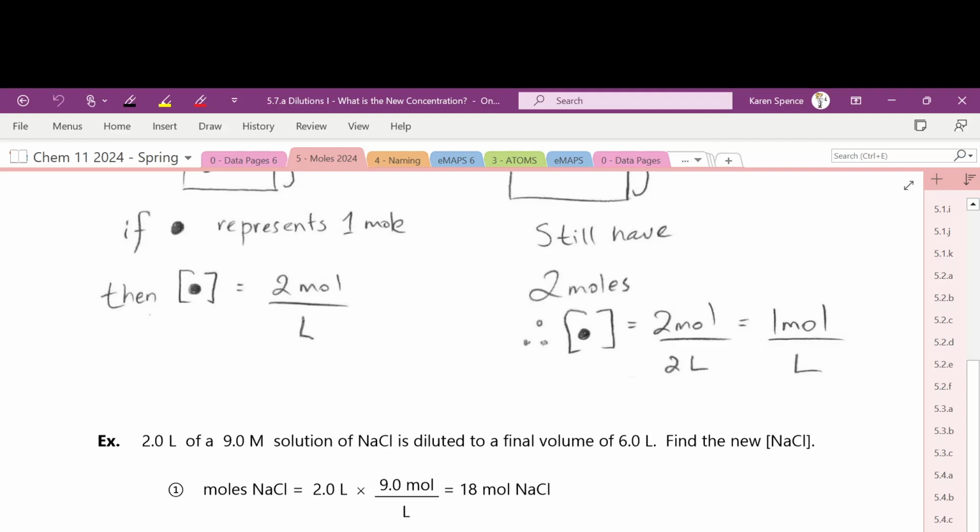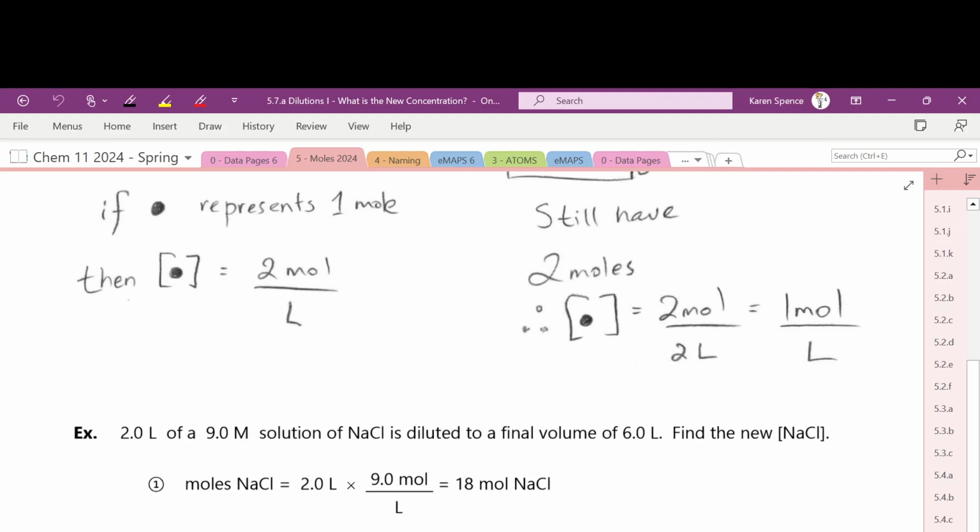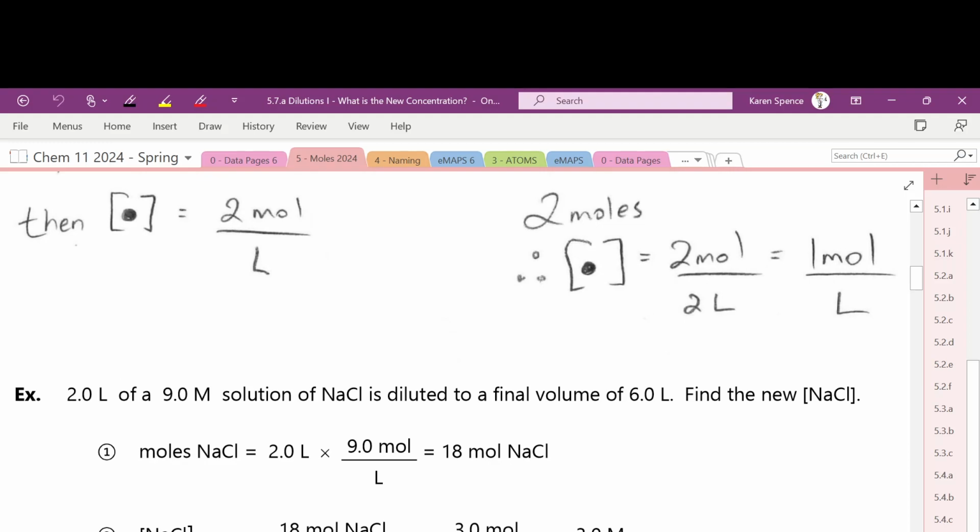So we have 2.0 liters of a 9 molar solution. Now, do you guys remember what the word of means mathematically? No? What does per mean? Per means divide.